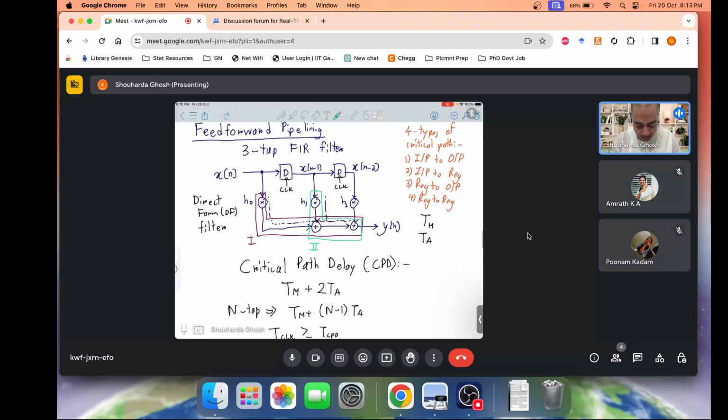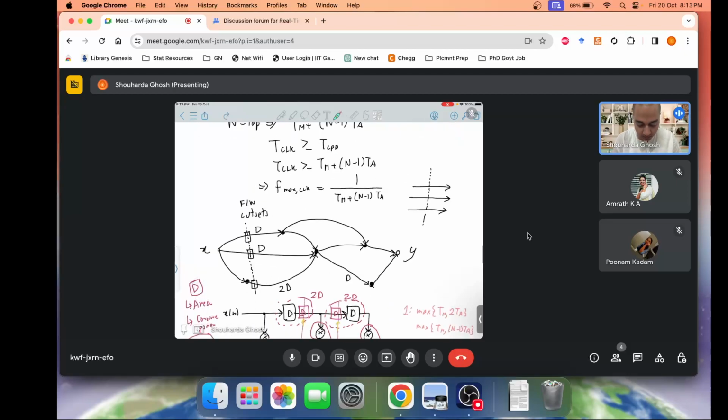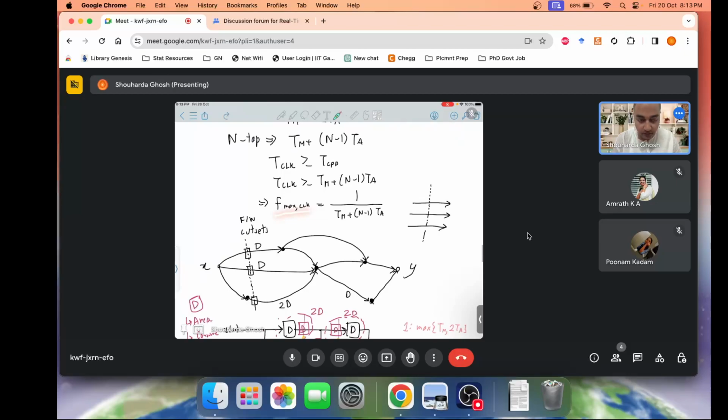This is for a 3-tap filter. If I increase the order of the filter, the critical path will increase linearly with n, so it becomes Tm plus (n minus 1)Ta. That actually limits the maximum clock frequency with which we can operate. I have shown over here the maximum clock frequency with which you can operate this.